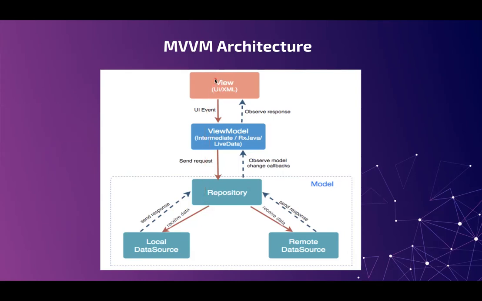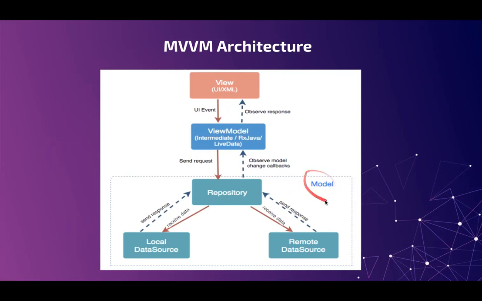In the initial call we call the Retrofit API, we get a list of usernames containing first name and last name, and we bind that view in the XML. So we have a list view, something like that. Then we can show this list of views without an issue.